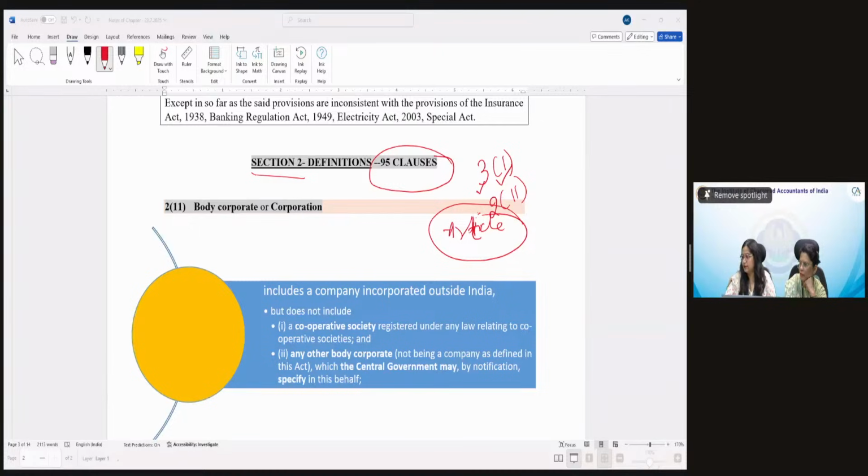Basically, what happened is to regulate the companies. Had there not been any kind of act for regulation, people would be... the company is dealing with the money of the people.